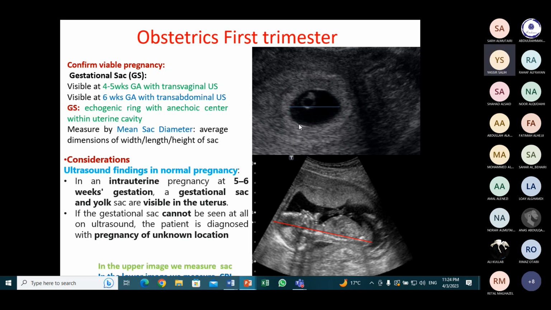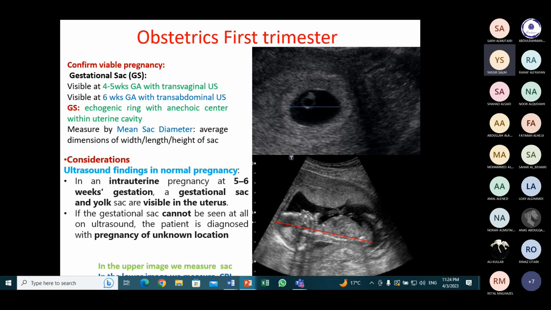Now, if the patient has a suspected pregnancy, depending on the clinical presentation and laboratory findings, and the gestational sac and even the yolk sac cannot be seen in this patient, you should diagnose this patient as pregnancy of unknown location. It means there is a pregnancy but it is not seen.